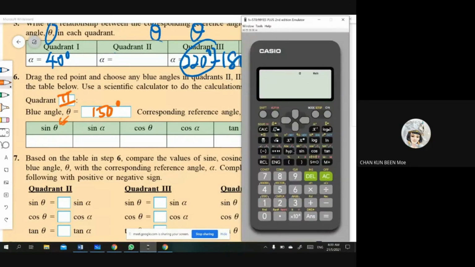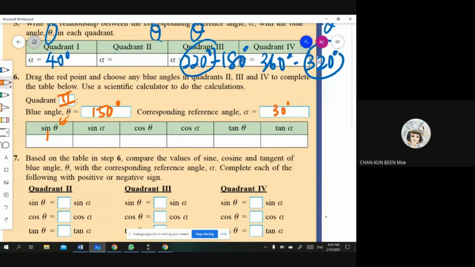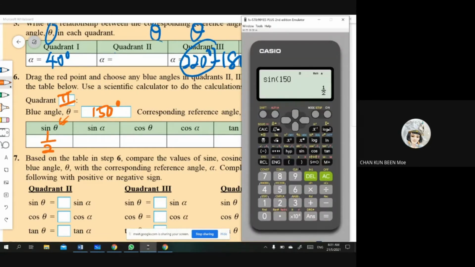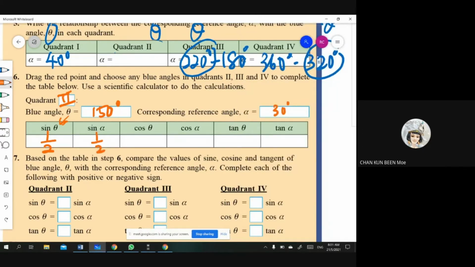You just press sine 150 degrees. We will get 1/2. And then sine alpha. There I want you to substitute with the value of 30 right now. So sine alpha will be sine 30. You will get 1/2.